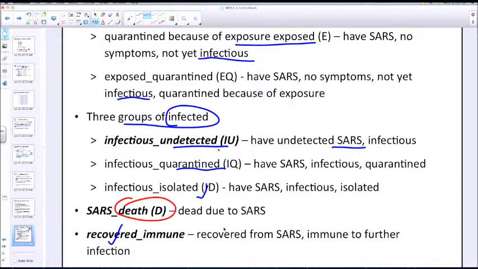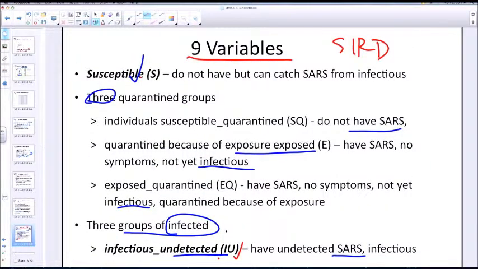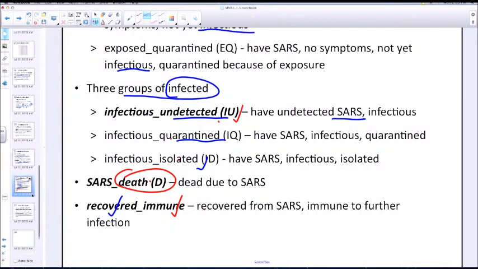Infected undetected is the only group that spreads the disease. And the recovered is the same as the old model, but you need to add the death rate. And then 3 quarantined groups and 2 more quarantined infected groups.